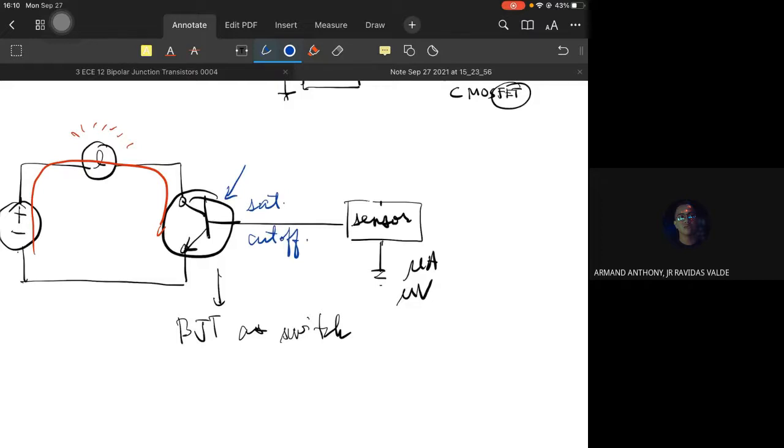If there's signal in the sensor, isaturate niya ang switch. If there's no signal from the sensor, i-cut off niya ang switch or ang BJT.